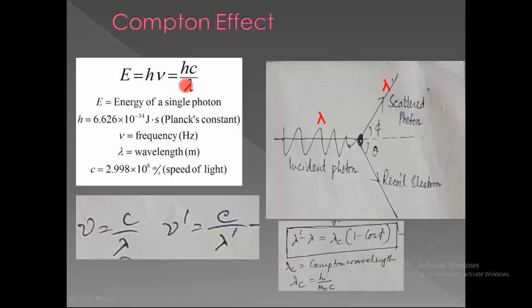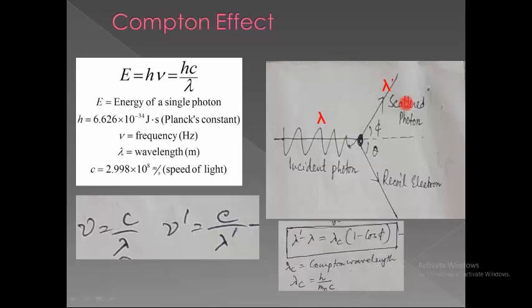Obviously your wavelength will increase. That is why your wavelength is changing, and it is changing from blue to red. You understood? You have a color of light, say blue, you hit the electron, and after the electron is knocked, you scatter in some other direction and the color of your light changes, say blue to red.